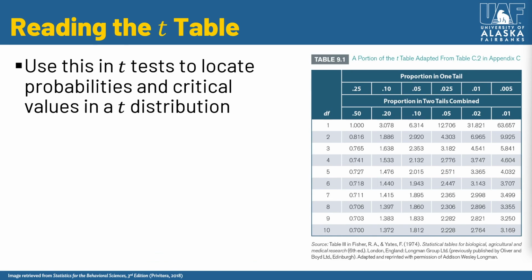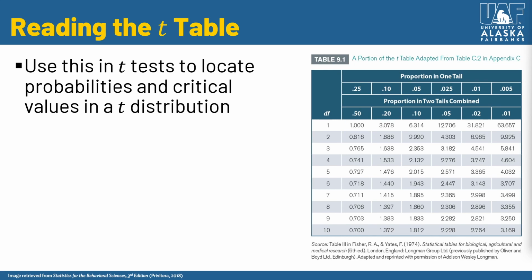So when we are calculating t-statistics or computing t-tests, we're going to look at a new table in the textbook. And so we use this t-table, just like we would use a z-table, right? We're locating probabilities and critical values.